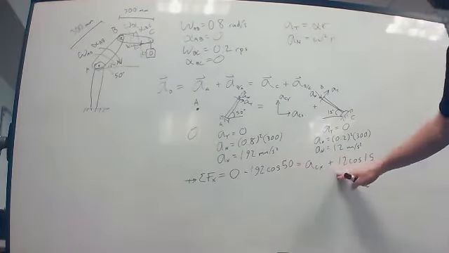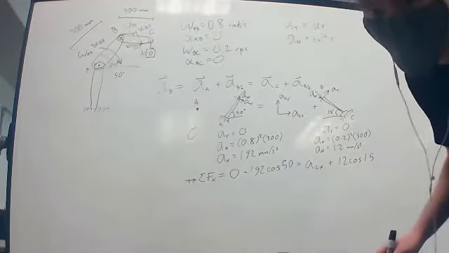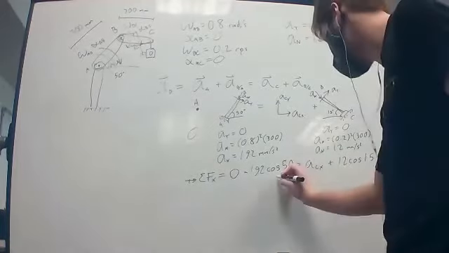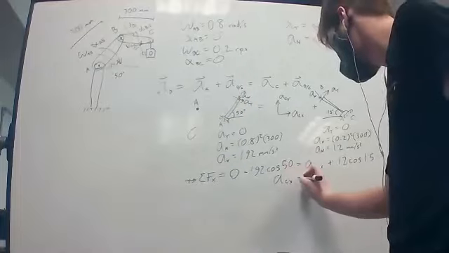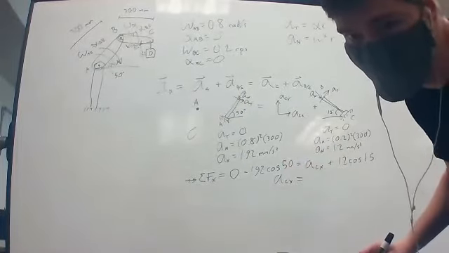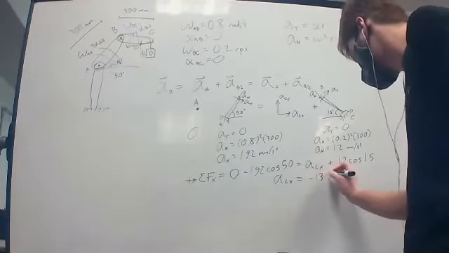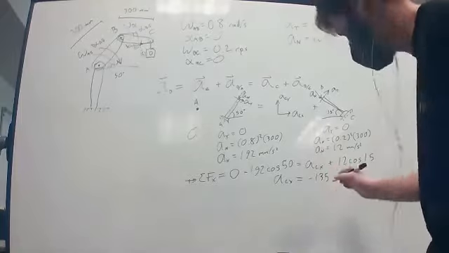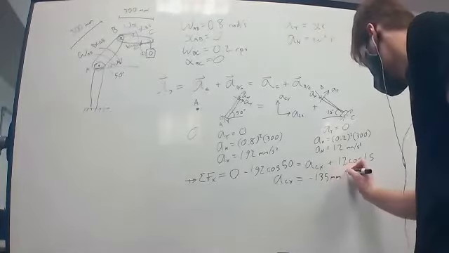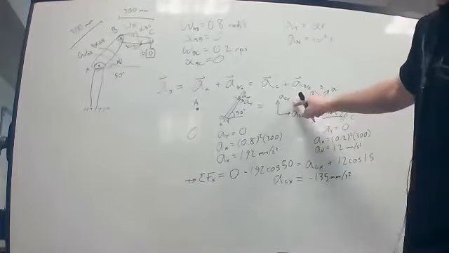And then you can solve this and you end up being able to say that ACX is equal to minus 135 millimeters per second squared. So that's the X component, and then we still need the Y component.